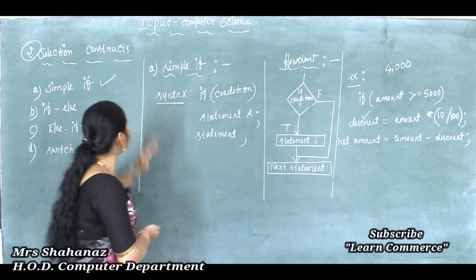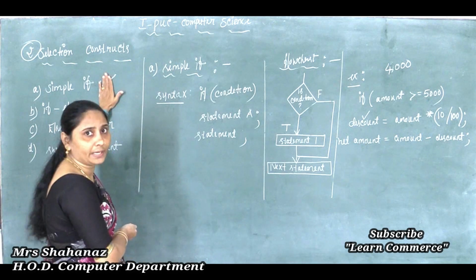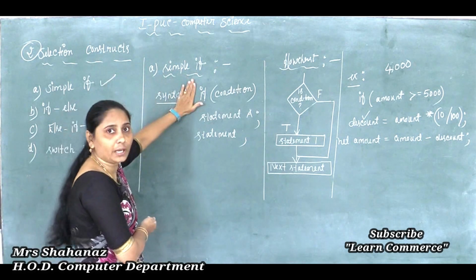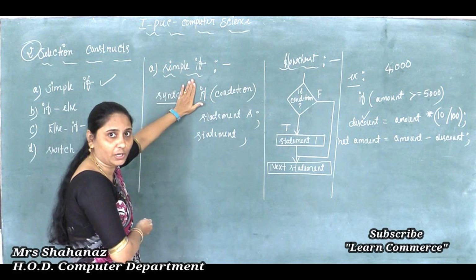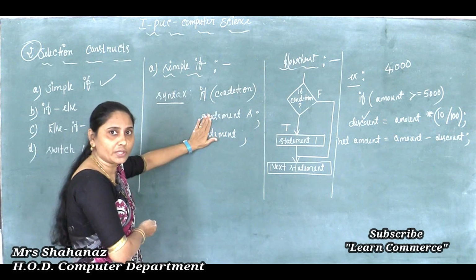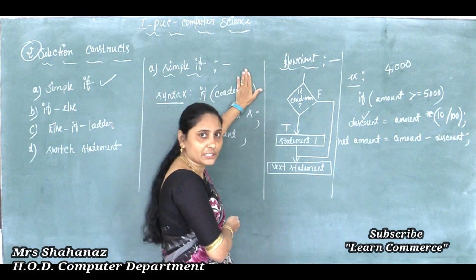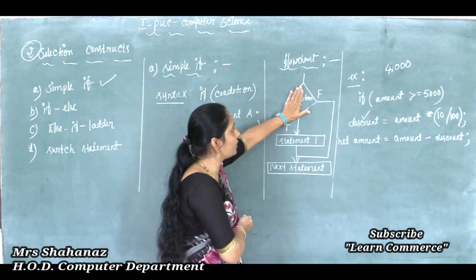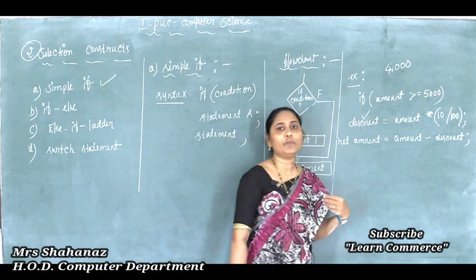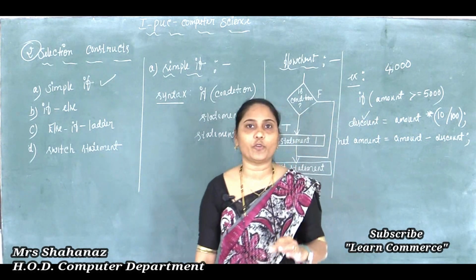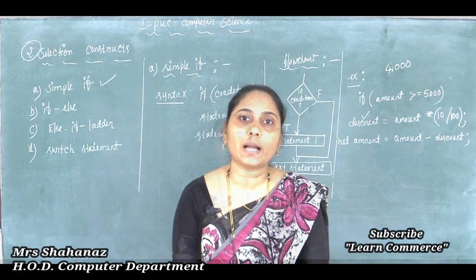We know that 4 types are there in the selection construct. Now I just selected the first one, simple if. We know the syntax of the simple if, and what's the other name of the simple if? One way branch decision structure. Now this is called the flow chart, and we know the very suitable or the best example for our simple if construct.